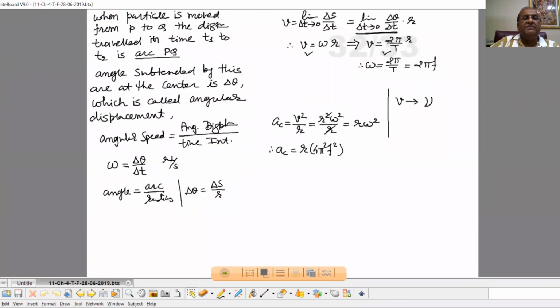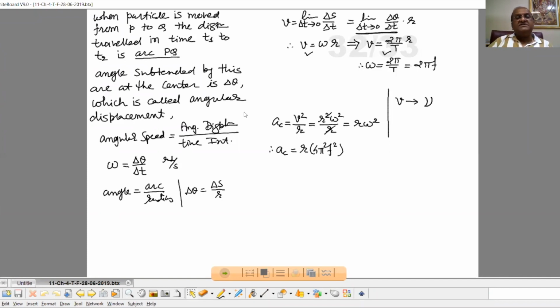So when the particle moves from P to Q, the distance traveled in time T1 to T2 is arc PQ. During this distance covered, the angle subtended at the center of the circle is delta theta, and this delta theta is called angular displacement.